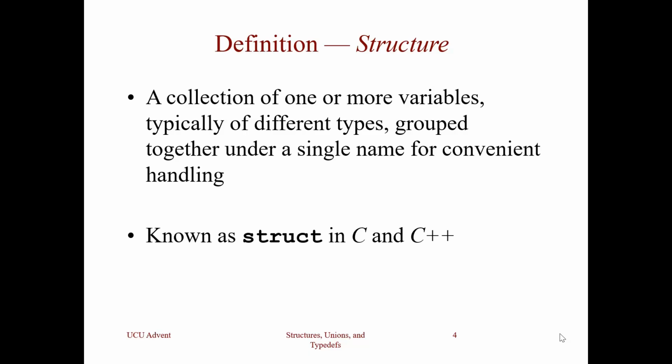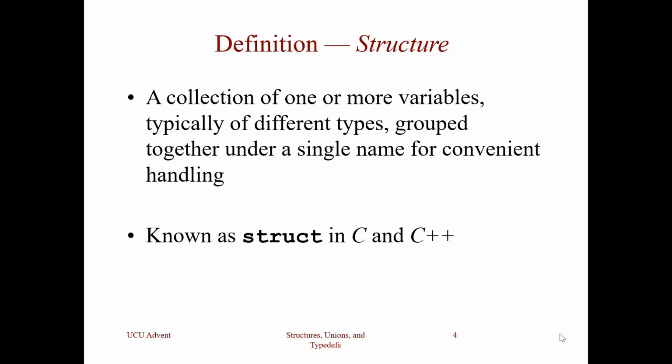By definition, a data structure is a collection of one or more variables, typically of different types, but they are grouped together under a single name for convenient handling.